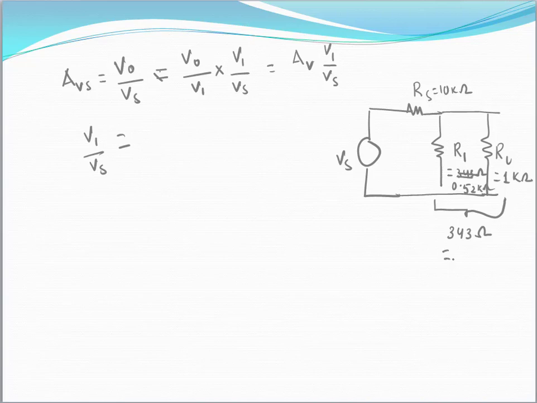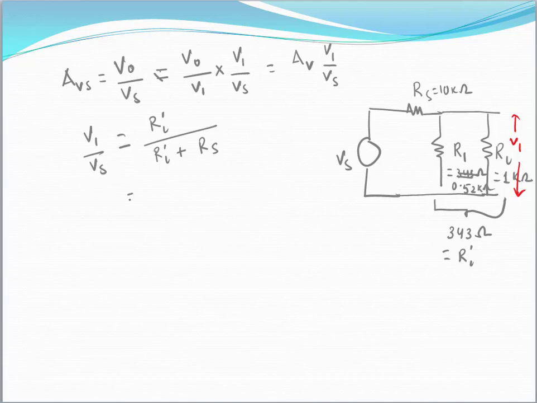This is nothing but Ri dash. So V1 by Vs is equal to, the voltage here is V1. This is V1. So V1 by Vs is equal to Ri dash by Ri dash plus Rs.